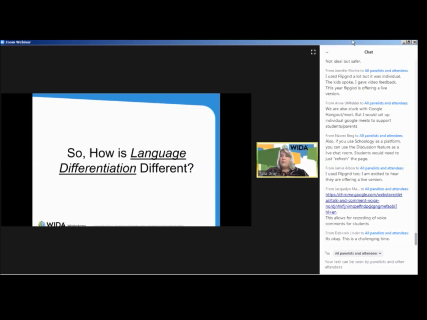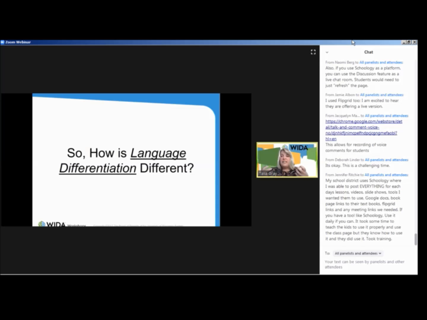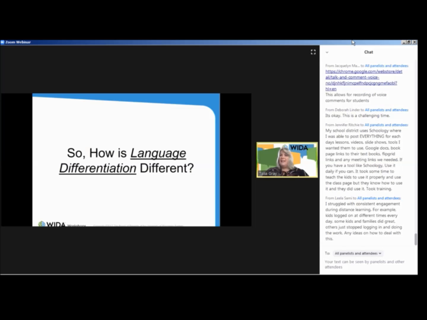I think once parents know that we're not here to judge or grade their students as far as the technology aspect of everything, I think we just need to have some practice and move through slowly, and expect that it's not going to work out, while knowing that it is going to work out. It's just going to take some time.